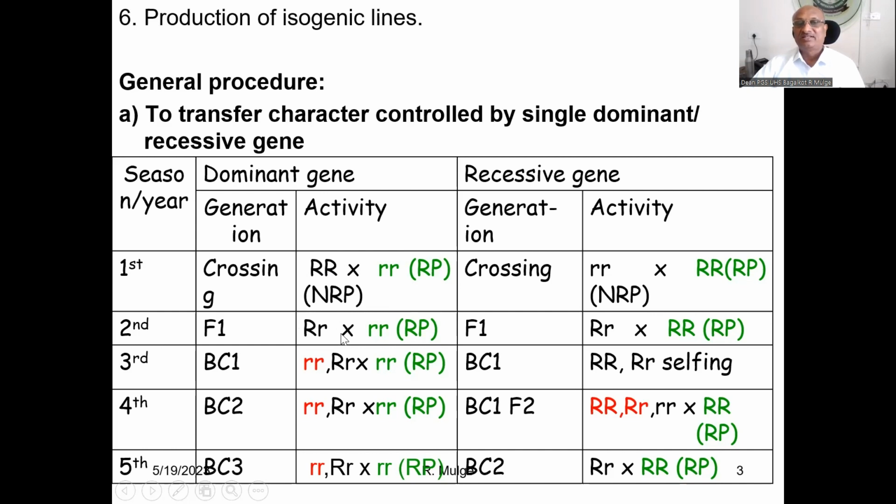This F1 plant will be crossed again with a recurrent parent, right? So having a homozygous recessive gene. Now, once you cross, this is producing two types of gametes, capital R and small r carrying gametes. And this is producing only one type of gamete, that is small r carrying gametes. If you have the male and female gametes union and formation of the zygote, you get dominant allele and recessive allele, heterozygous.